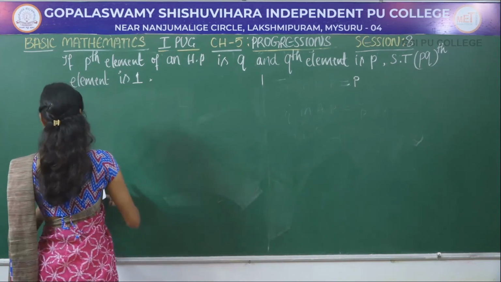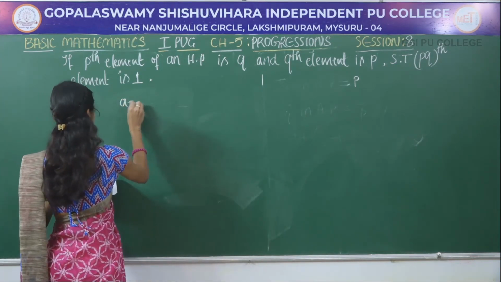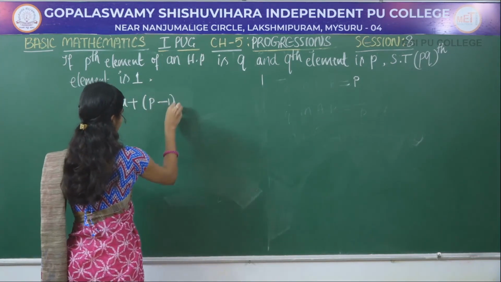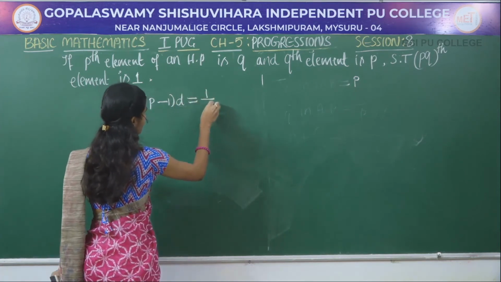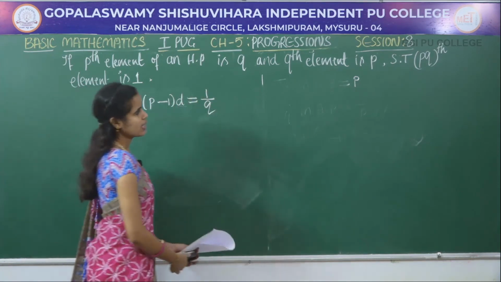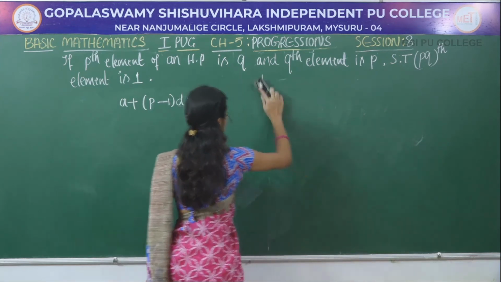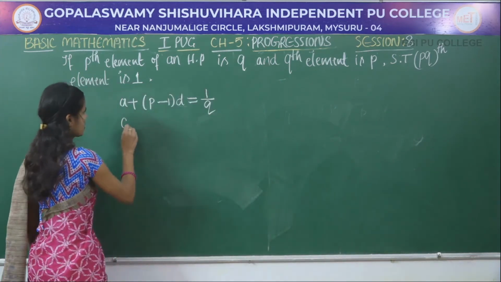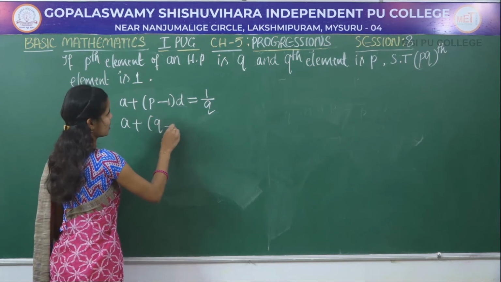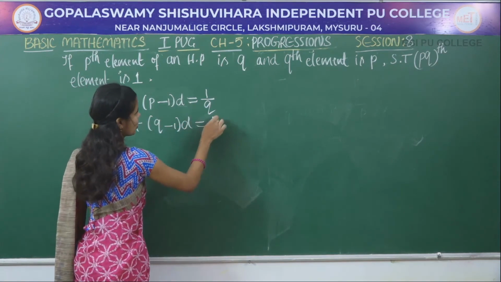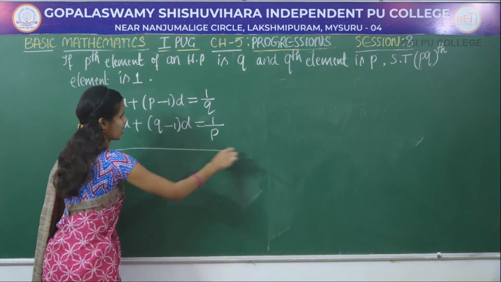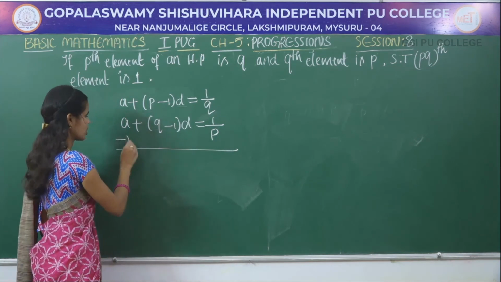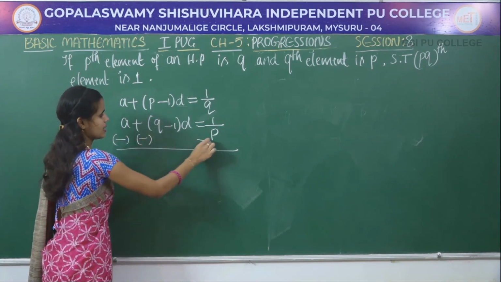Equation 1 is a plus (p minus 1) into d is equal to 1 by q. Equation 2 is a plus (q minus 1) into d is equal to 1 by p. Subtract these two equations, so change the sign of the second equation.